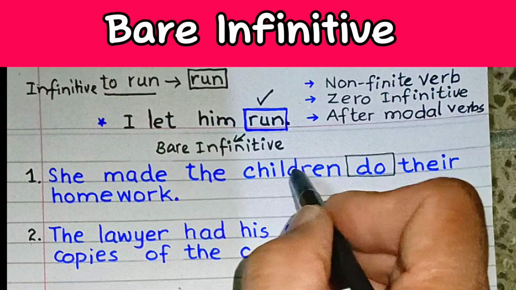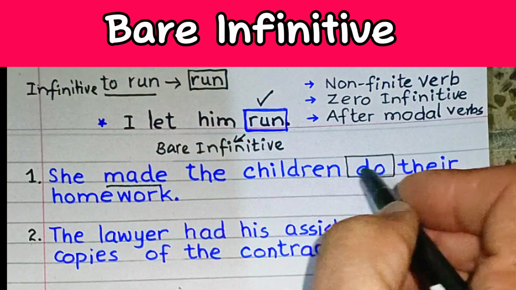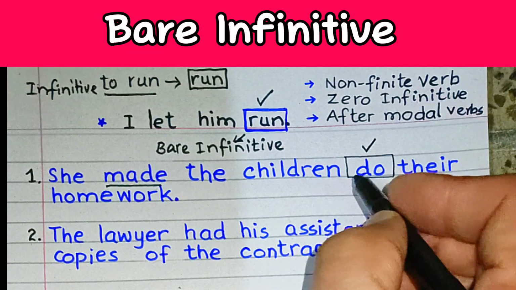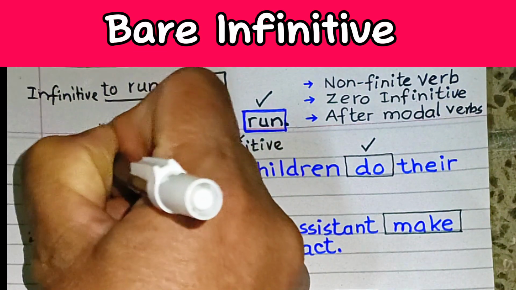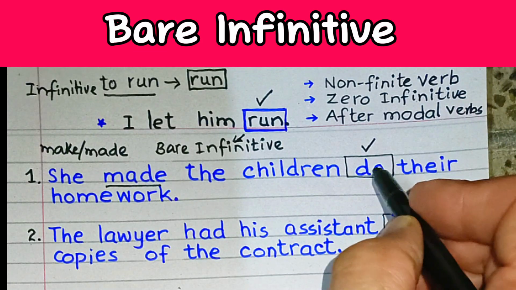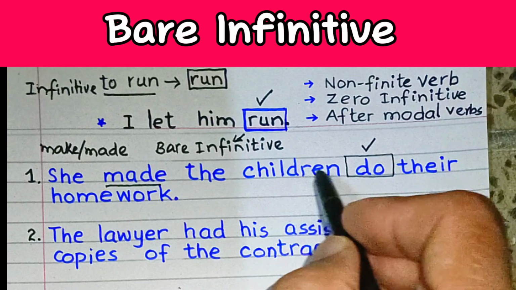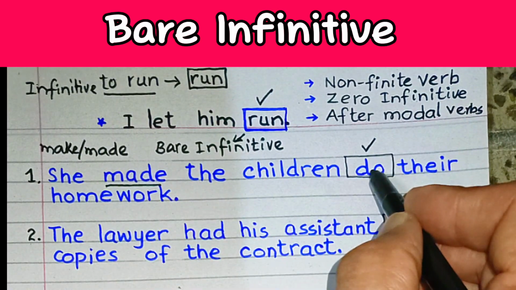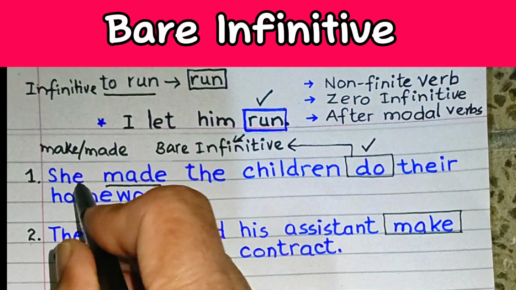Normally the word made is followed by a bare infinitive. If we put the words make or made, there will be a usage of bare infinitive, as in this sentence, she made the children do their homework instead of to do their homework. So this do is one example of bare infinitive in this sentence.